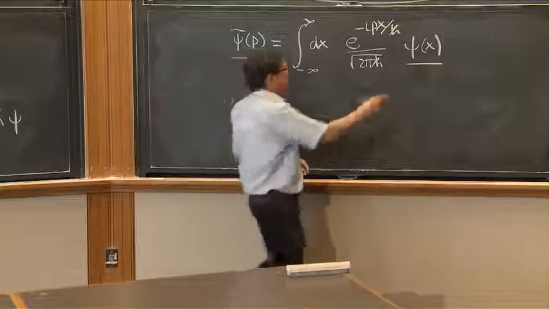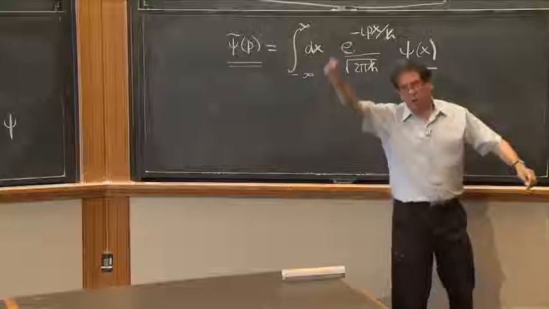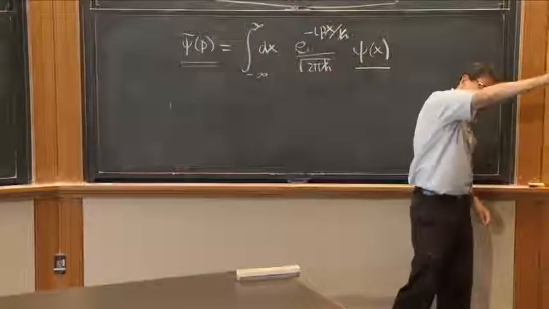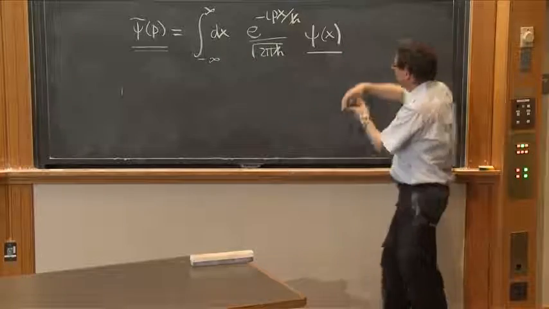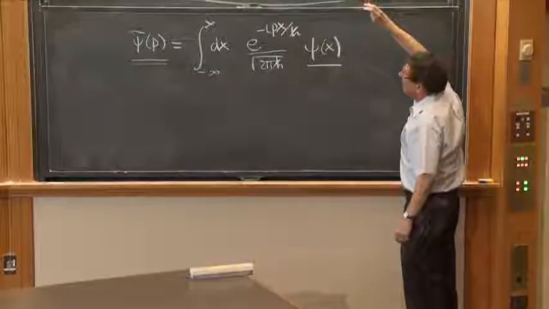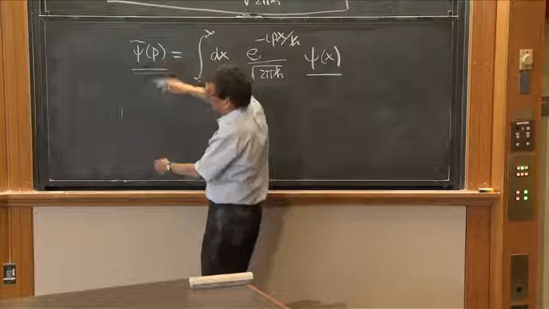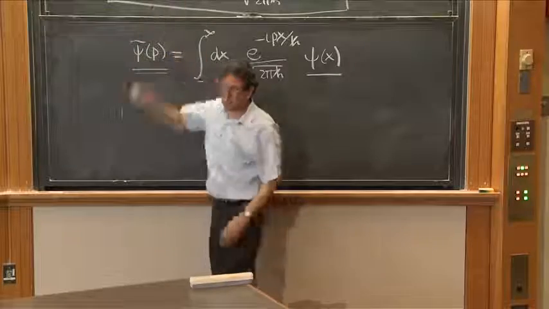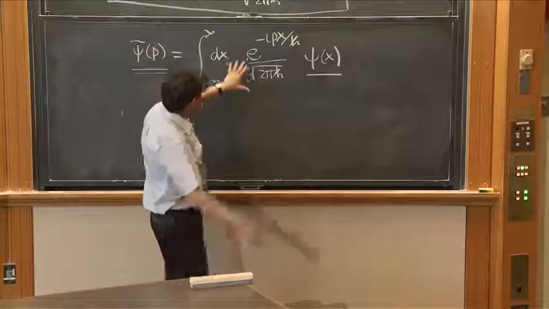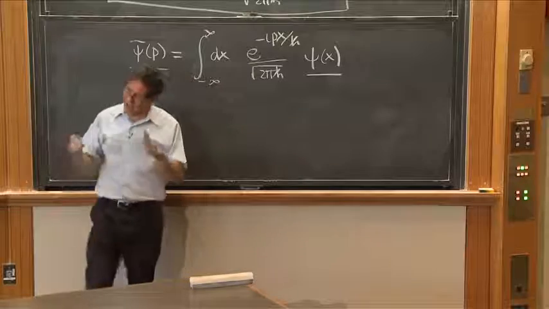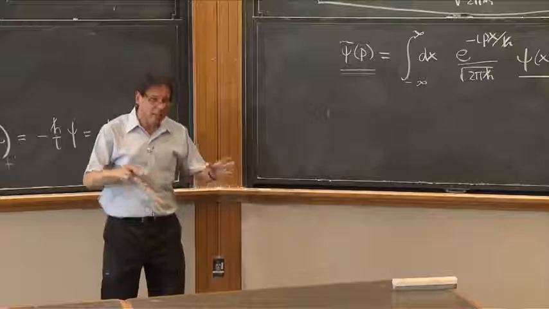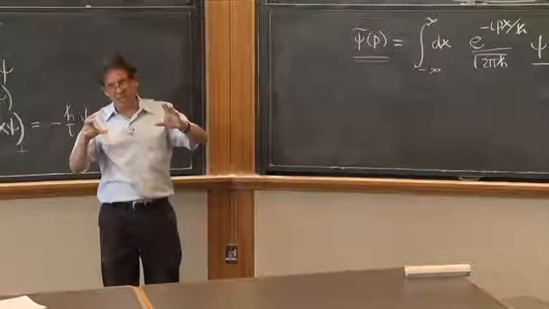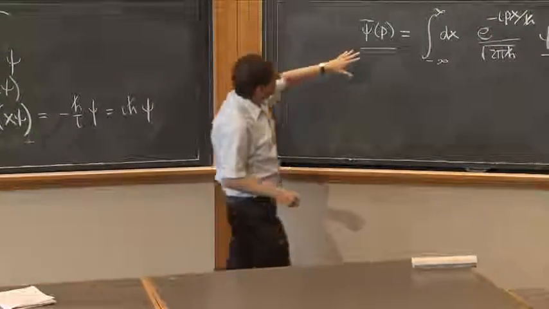So this is an infinite vector with all those points, from minus infinity to plus infinity, all of them there. Gigantic vector. And here is another gigantic vector with p from minus infinity to infinity. And in between, there's an integral. But now, with your new picture of quantum mechanics, you see an integral, but you also see a matrix. And what is this matrix?